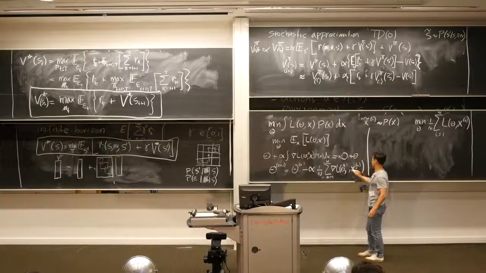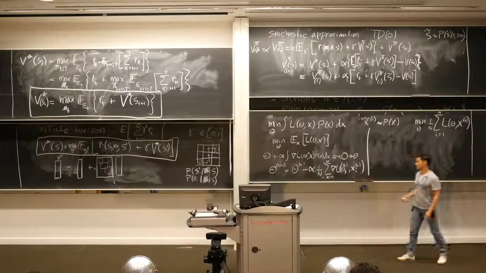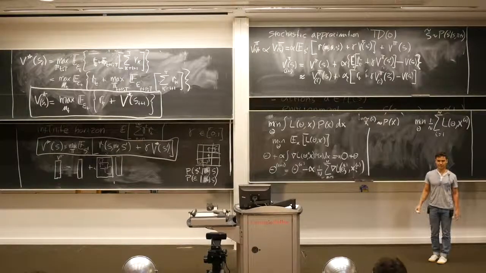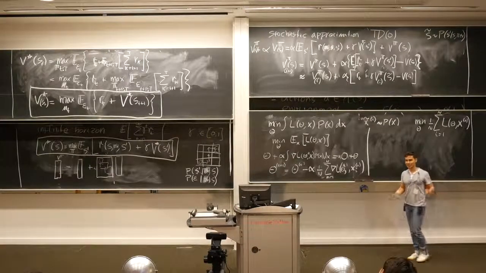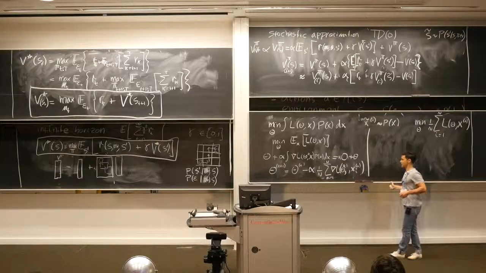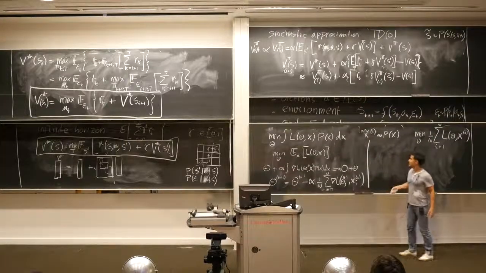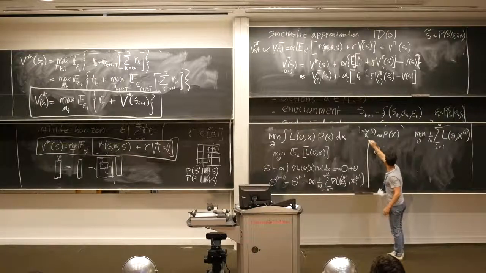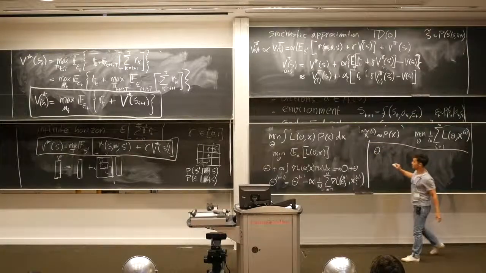Let's write it this way. So that would be gradient descent, stochastic gradient descent. And it's stochastic because you haven't seen all the data. That's the only reason why we call it stochastic. And again, in stochastic gradient descent, we only need one sample.